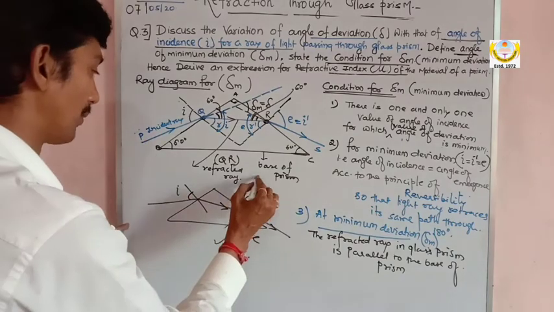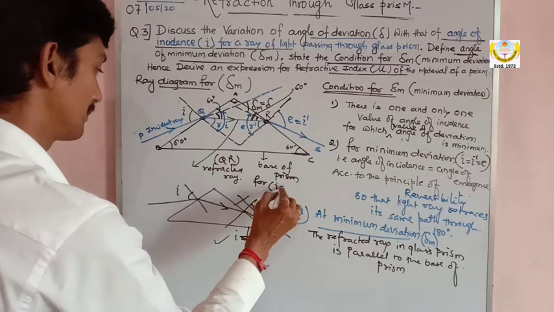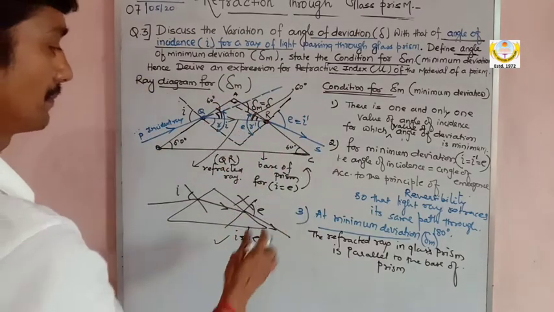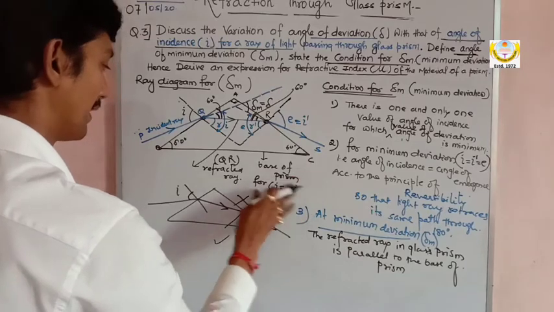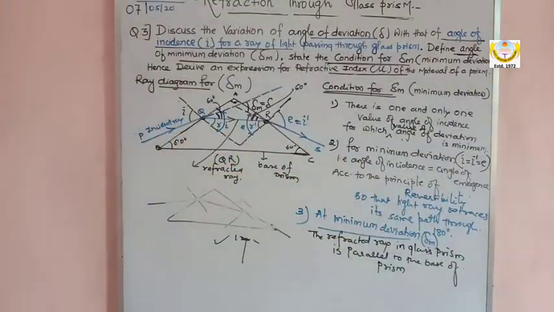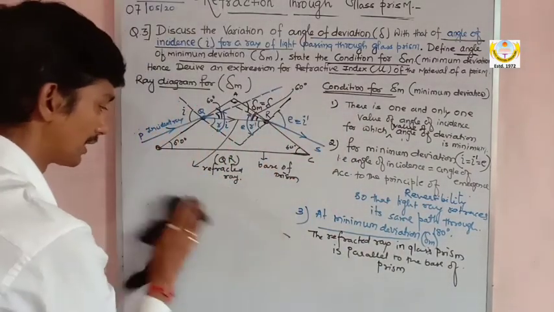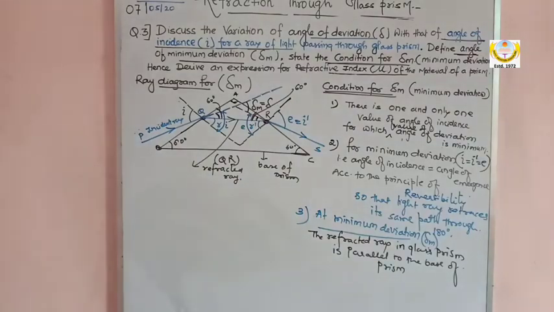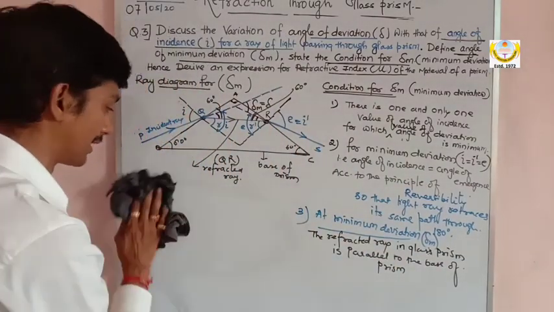For I equal to E, the diagram is this. I am writing here. This is the difference in the ray diagram, my dear. Take care, because students are not taking care of this part.